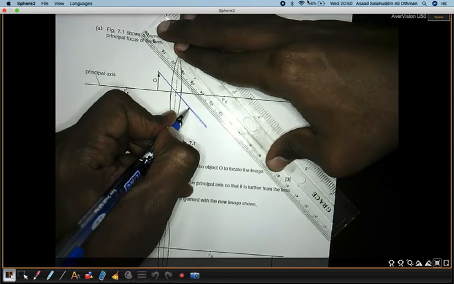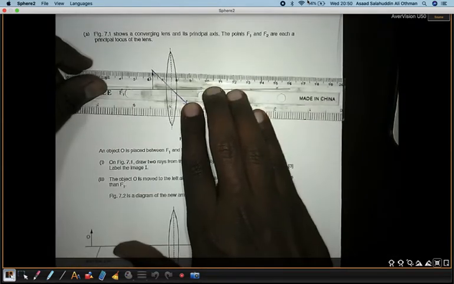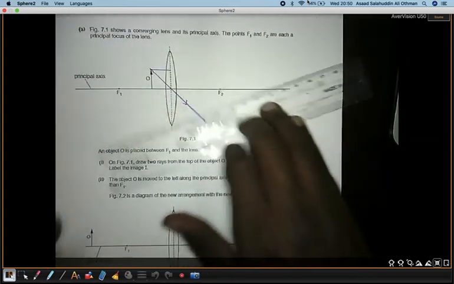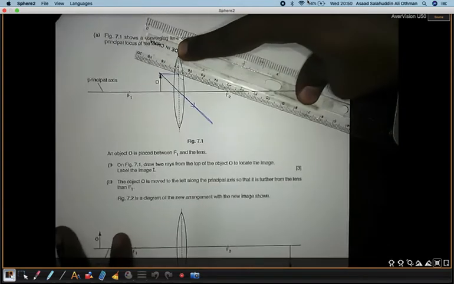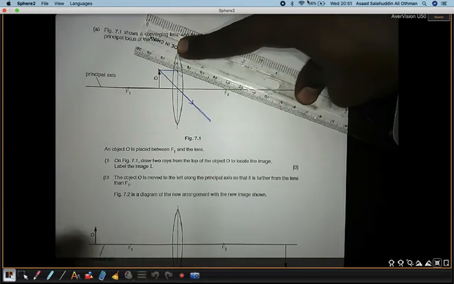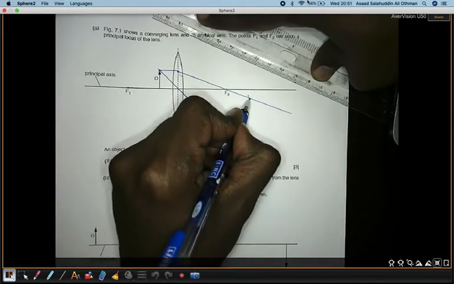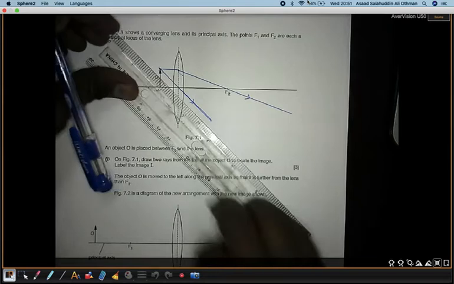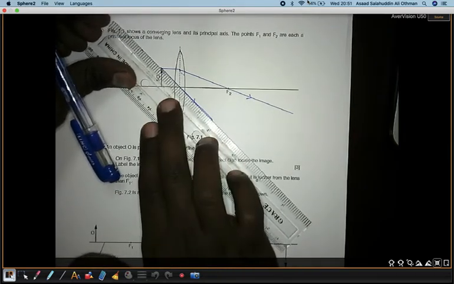The second ray goes parallel and then passes through F. You realize that the rays are not meeting, so we have to extend them backwards. And this is the use of the lens as a magnifying glass.